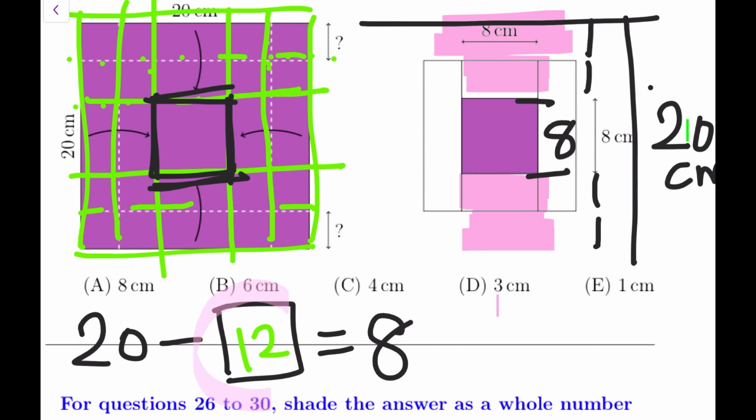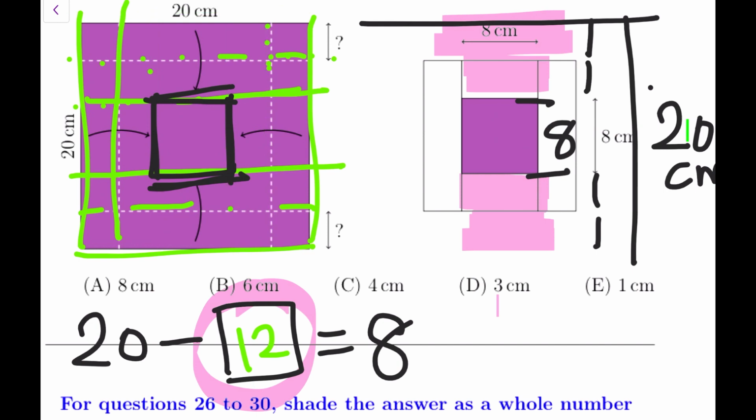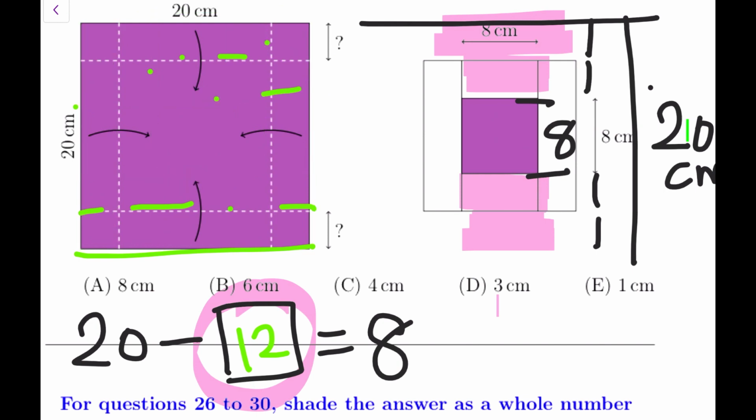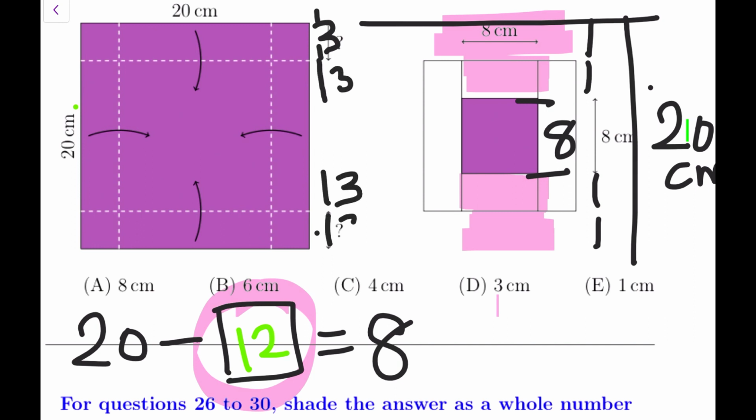So that means this should come from 4 different strips of equal length. So 12 divided by 4 is 3, and that means each little bit here should have been 3.